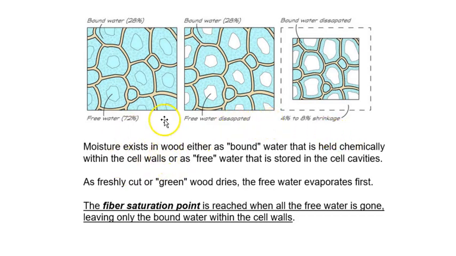Okay, so looking inside of a tree, we have a lot of moisture. Moisture exists either as bound water, which is held inside of the cell, or free water, which is stored in the cell cavities. Two different types of water. As freshly cut or green wood dries, so we just cut down the tree, the free water is going to evaporate first.